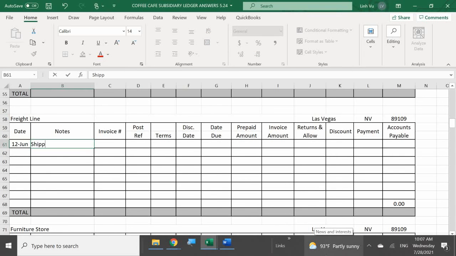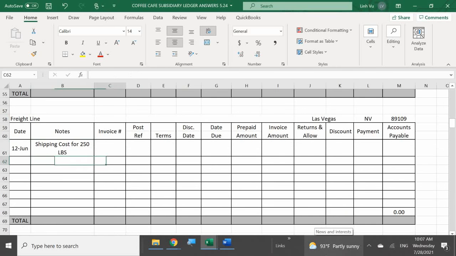I'm going to say shipping cost for 250 pounds coffee.